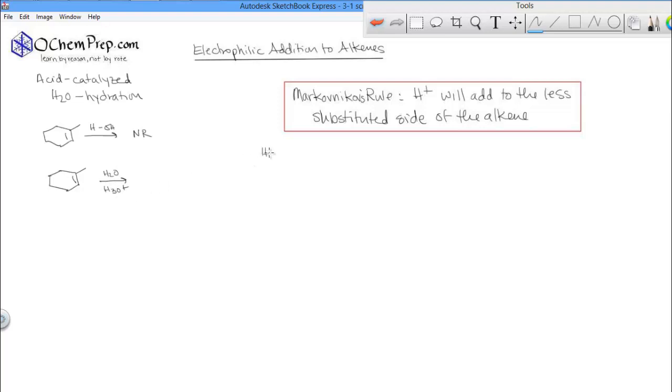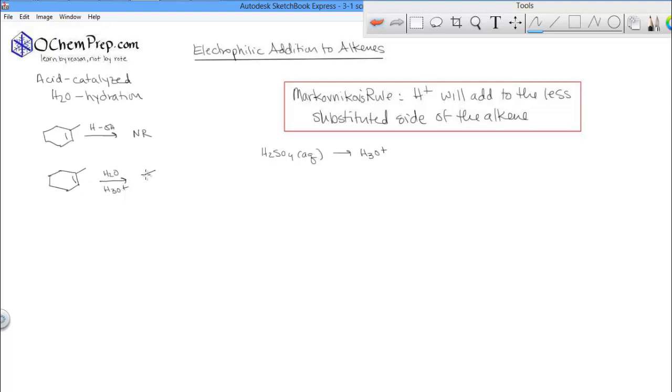Well, any strong acid, when it's in aqueous solution, produces H3O+. Now when you go to college, your professor might write H2SO4, but I'm going to write hydronium, H3O+, because the focus of this class is learning mechanisms, and H3O+ just makes it simpler. Realize it comes from H2SO4.